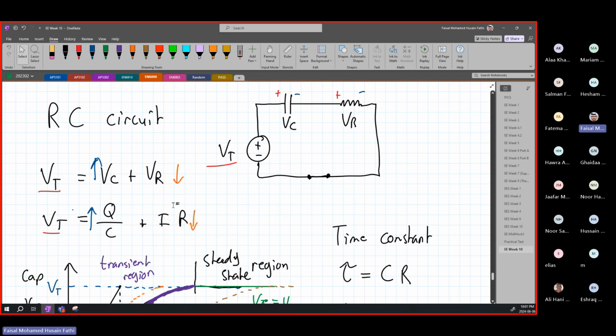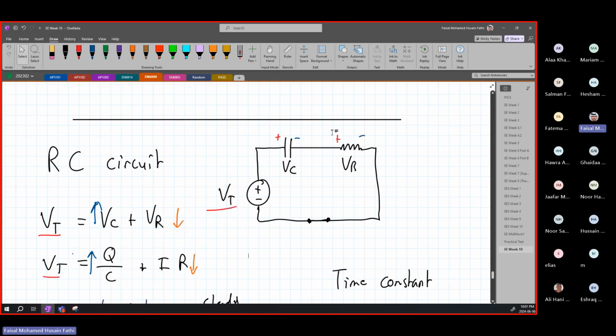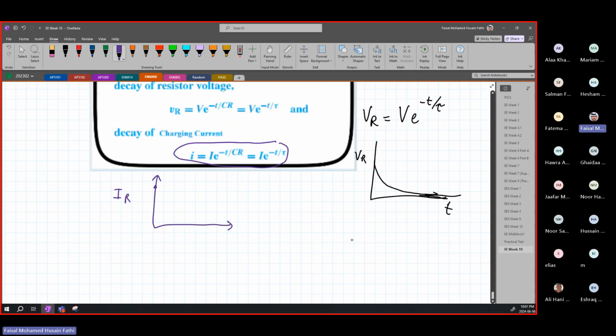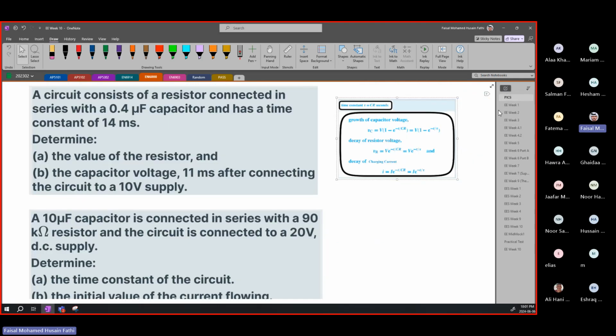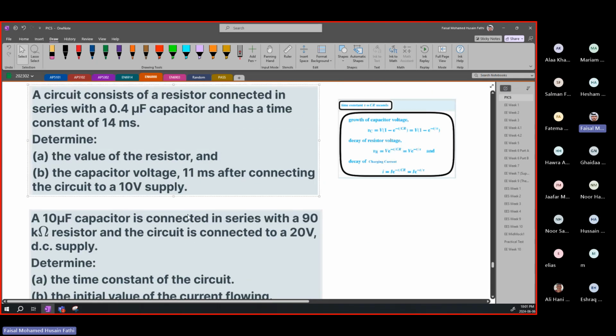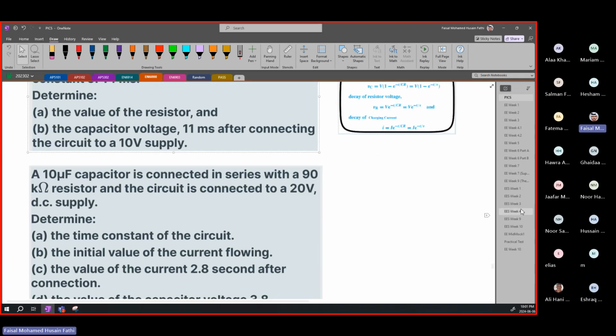The current is what's changing, what's reducing your VR. So here current is going to be highest, meaning this current over here is IR initially, but over time it is going to go all the way to 0, and this equation is I e to the minus t over tau of this curve. So if we apply this in a question, it is very simple, very straightforward. All you're going to have to do is just plug in values, and I'm going to show you how.